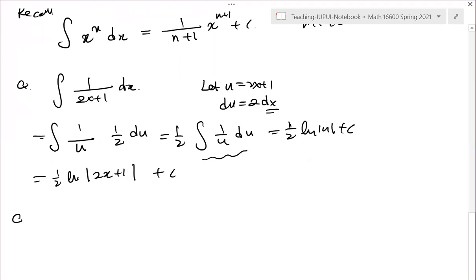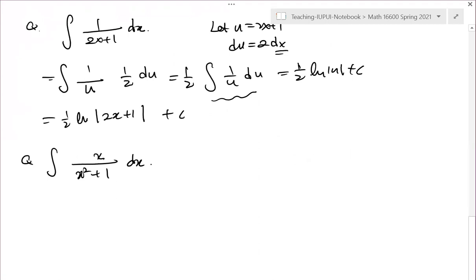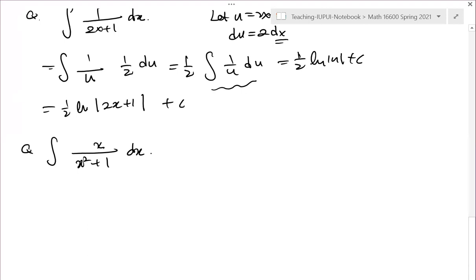All right, let's try a slightly different one. Here's the integral of x over x squared plus 1. Similarly, this function is complicated. We have to choose the right substitution to simplify. There is no general rule to find the right substitution.